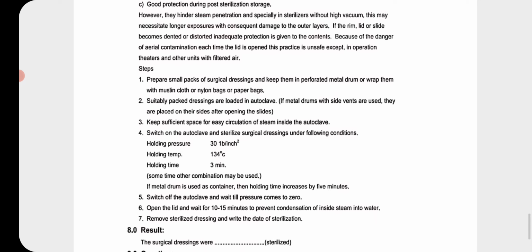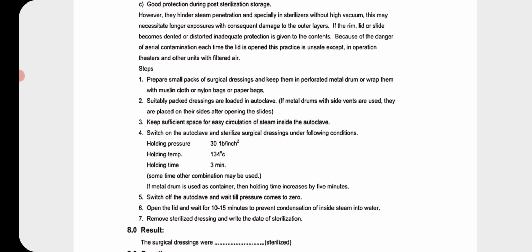What are the steps involved? First, prepare small packs of the surgical dressings, keep them in a perforated metal drum, and wrap them with muslin cloth, nylon bags or paper bags. Suitably packed dressings are loaded in the autoclave.